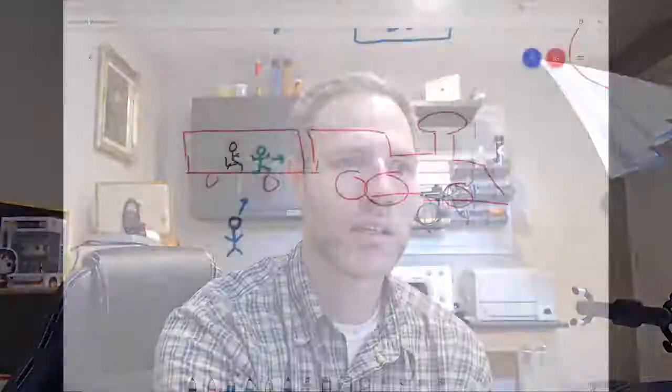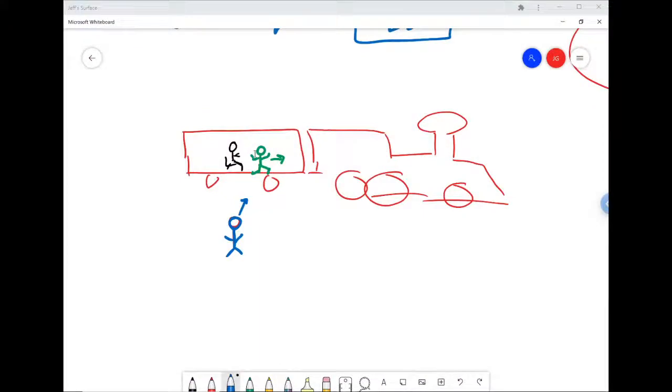If you are on the train, you're this guy watching this guy walk past you. Maybe from your perspective he's moving at 2 meters per second, okay? But if you're outside the train watching this guy move by, it looks like from your perspective that he's moving 22 meters per second. The reason is because he's moving with the train, and this observer is moving with the train as well.